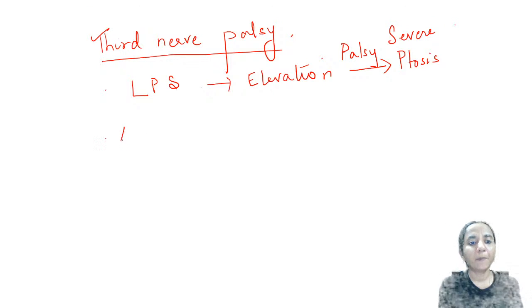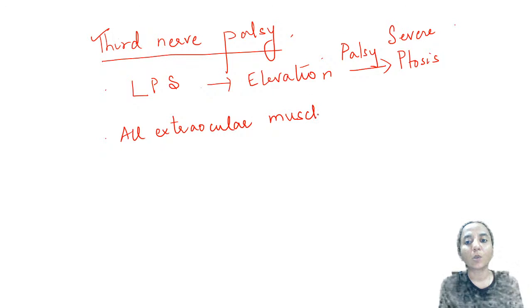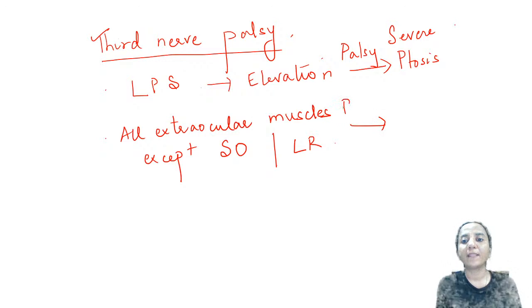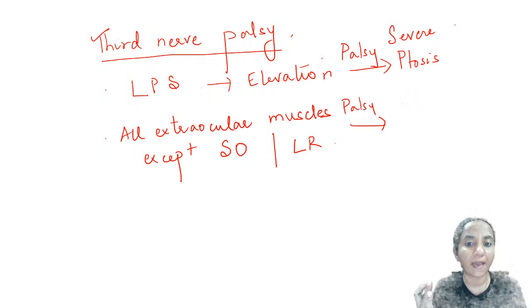Next, the third nerve supplies all the extraocular muscles except whom? It does not supply the SO, that is the superior oblique, and it doesn't supply the LR, that is the lateral rectus. So when there is a palsy, all the extraocular muscles will be paralyzed excepting the SO and the LR.